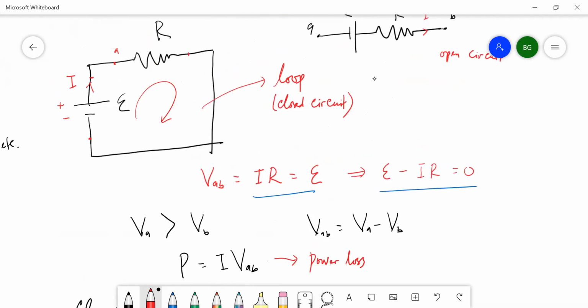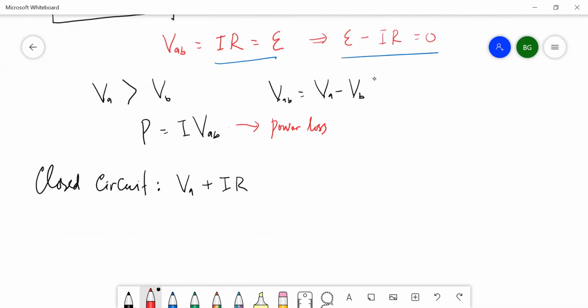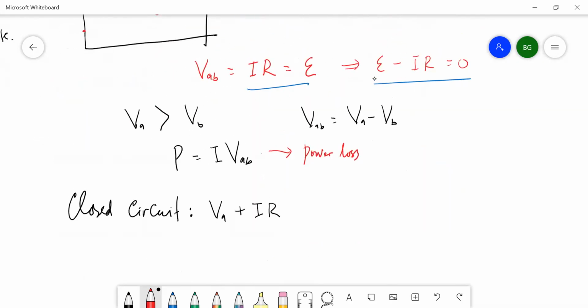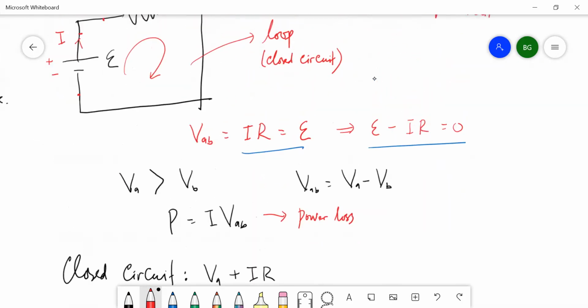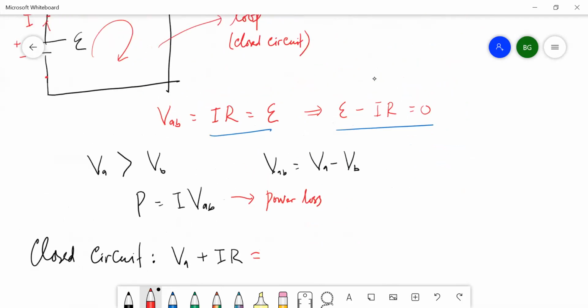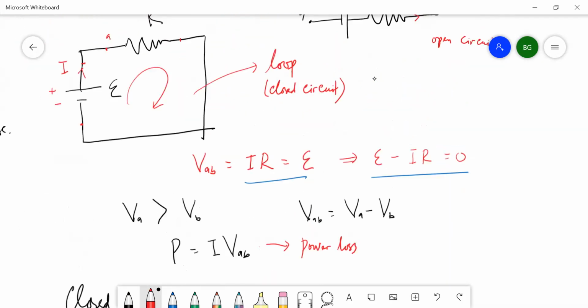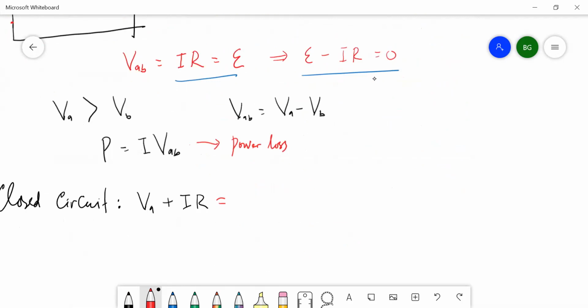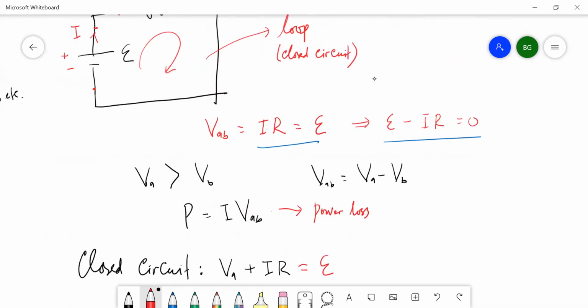Then from this one to A, we get to this negative pole here, so this is positive by convention.